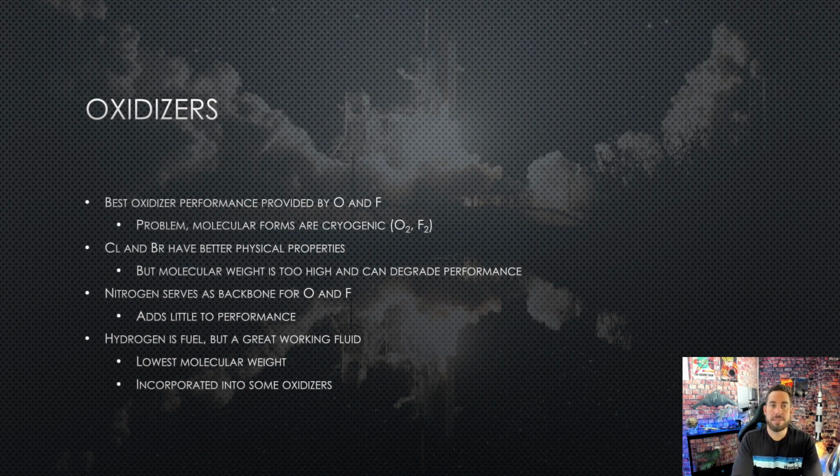The best oxidizers are made from oxygen and fluorine. You get the best performance from these. They're ideal in terms of performance characteristics. The only problem is that when you're looking at the molecular forms of oxygen and fluorine, so O2 and F2, they're cryogenic, which means that you're kind of limited in use.